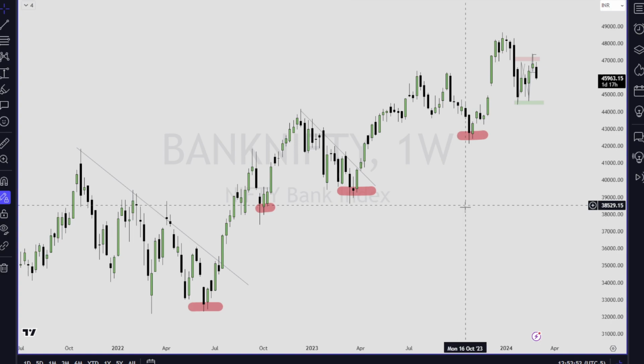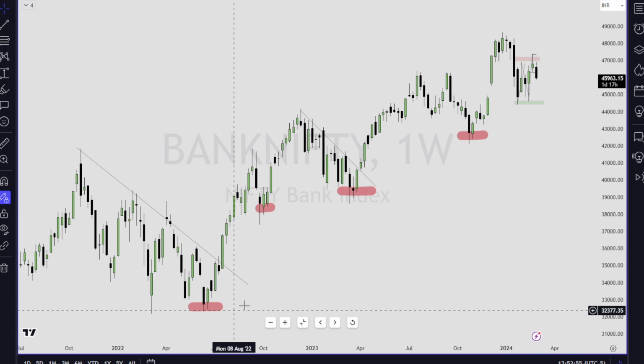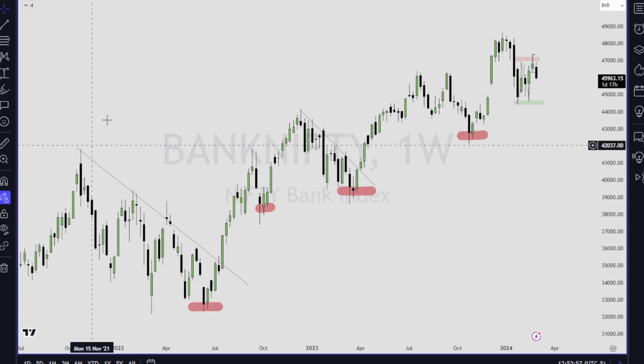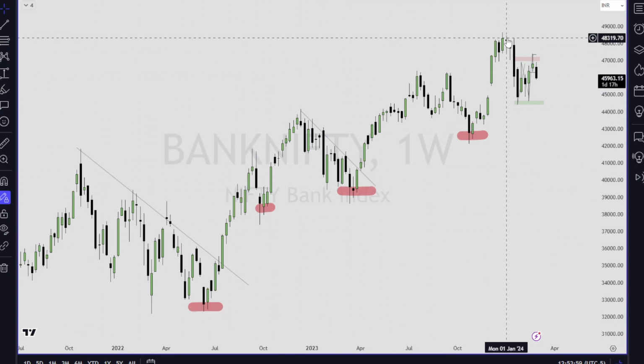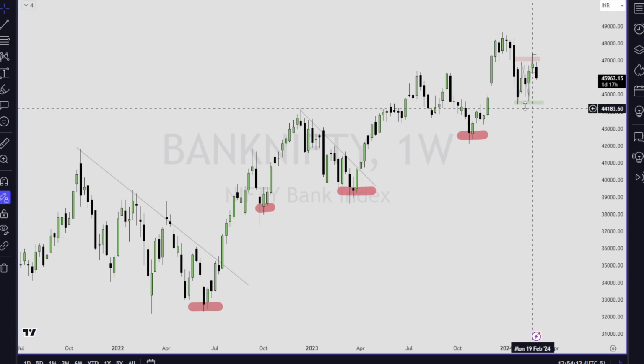But still price is making lower highs. So it is making new higher highs. The good news is still price is bullish, and I hope till election results price will be consolidating in this area.